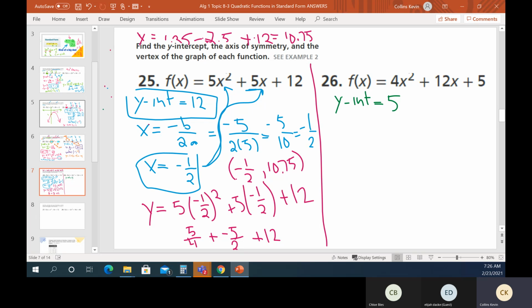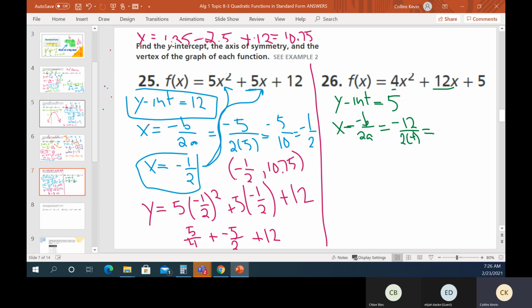So next up, we need to figure out the axis of symmetry. So we use our x equals minus b over 2a. So again, with this guy, switch the sign on the number in front of x. So he becomes negative 12. And then take this guy and double him. So 2 times 4. Okay.